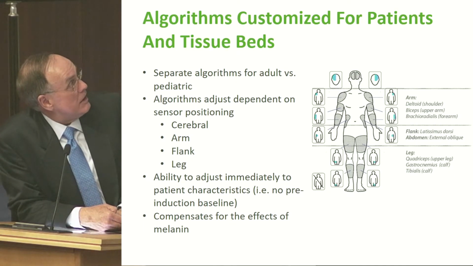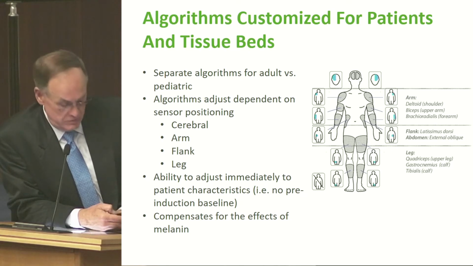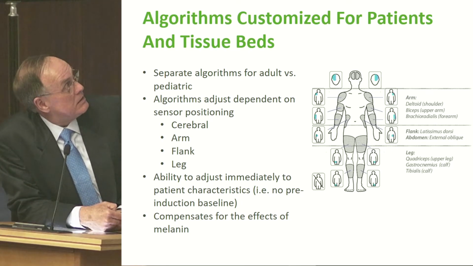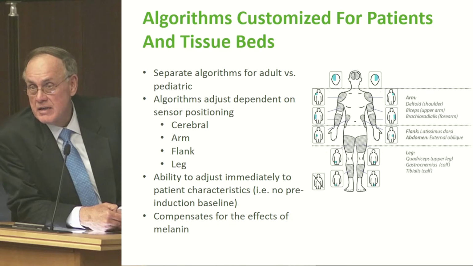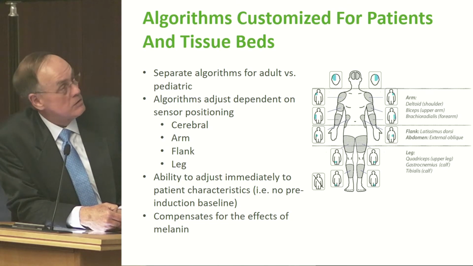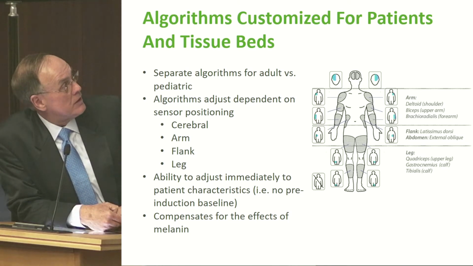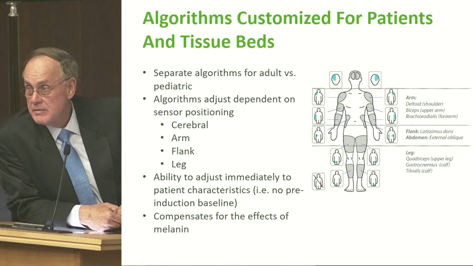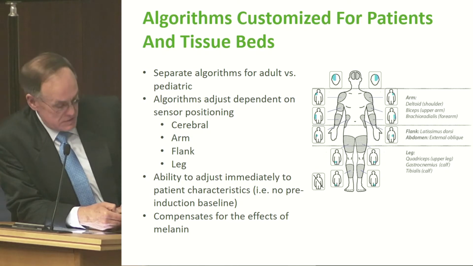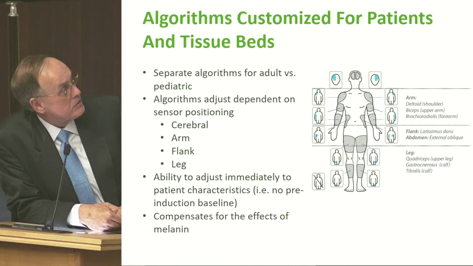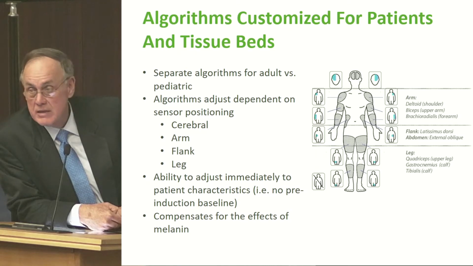Okay. Now, in addition to the brain, this is where the technology started. We've also made new computer programs for other parts of the body. So you can now measure the tissue oxygenation in the skeletal muscles of the legs.